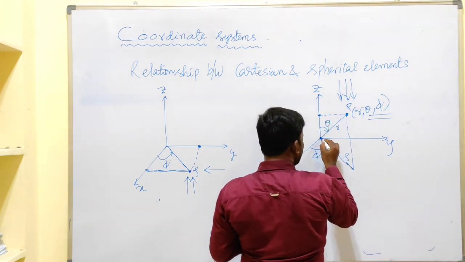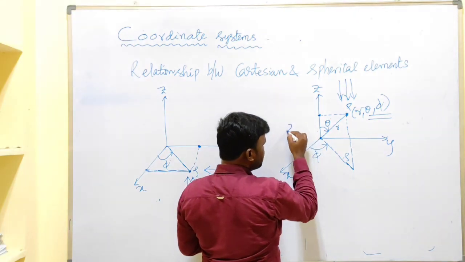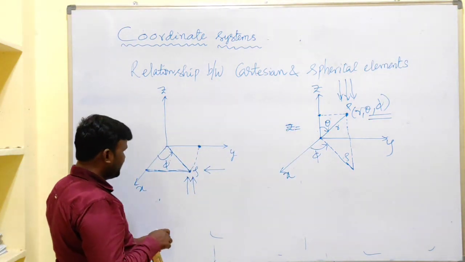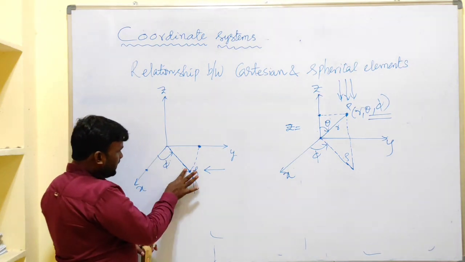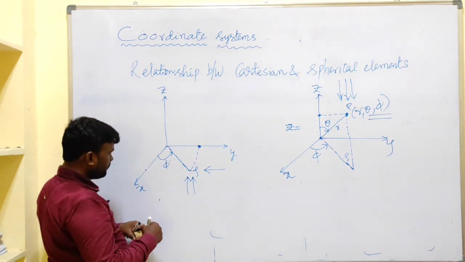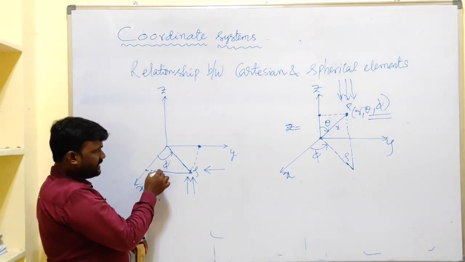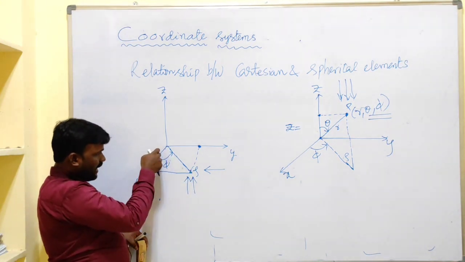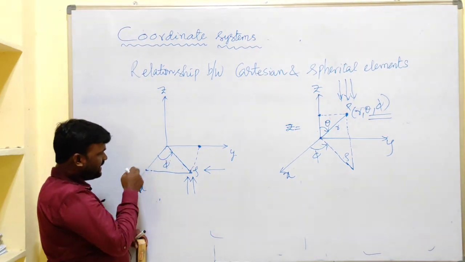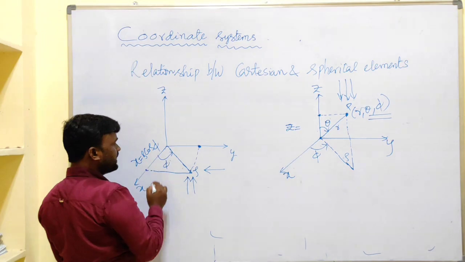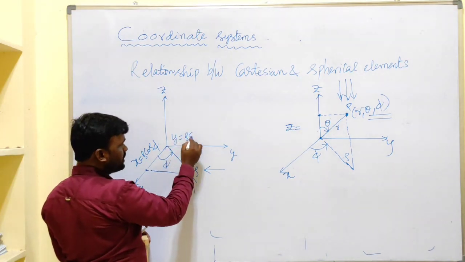From here to here I have a distance z. If you see here, the angle is phi, the angle with the x axis. If the angle is with the x axis, what about the x value? Already we derived x equal to rho cos phi, y equal to rho sin phi.